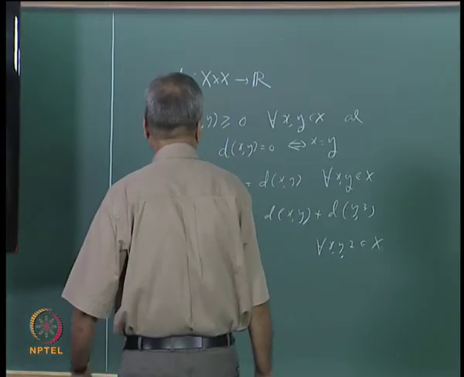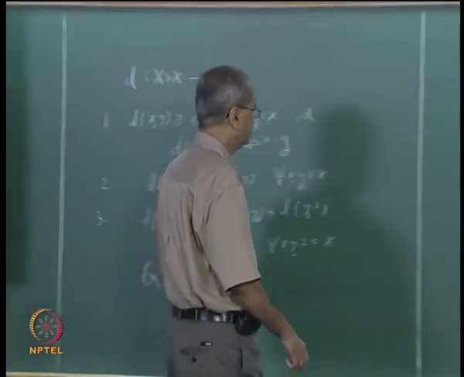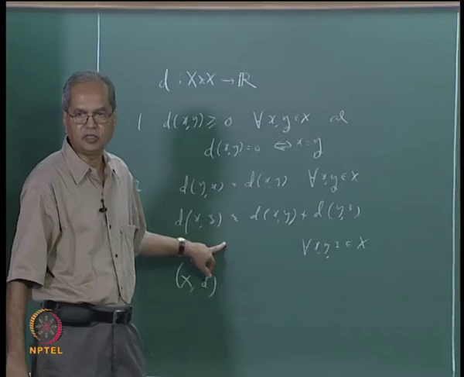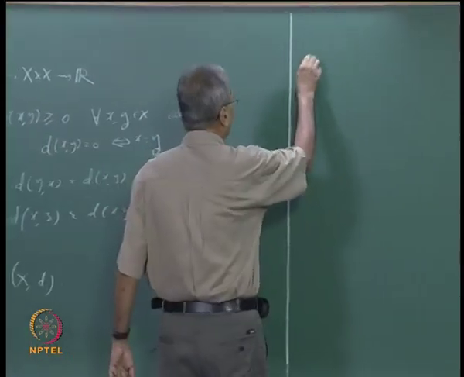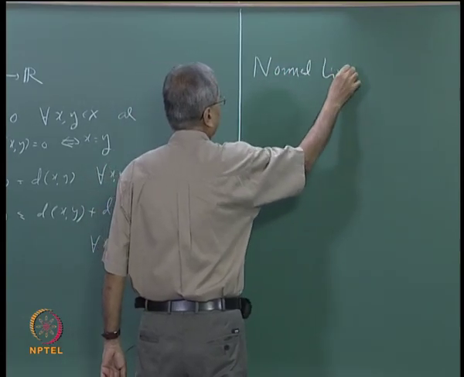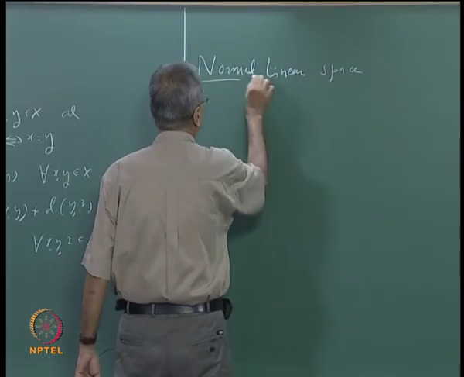Then coming to the other class of examples, one of the major classes of examples of metric spaces that are very important from the practical point of view are what are called normed linear spaces.